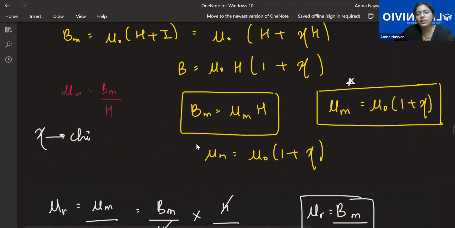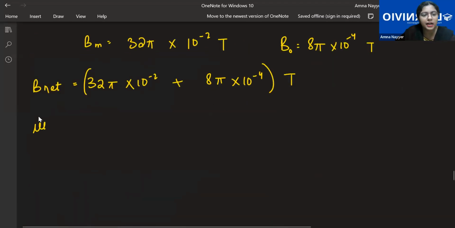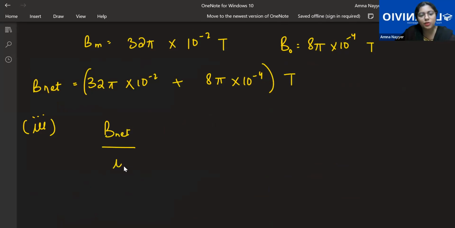So net magnetic field, here we'll get the third part. B net by mu naught minus H will be equal to I. I think we have the rest of the things.